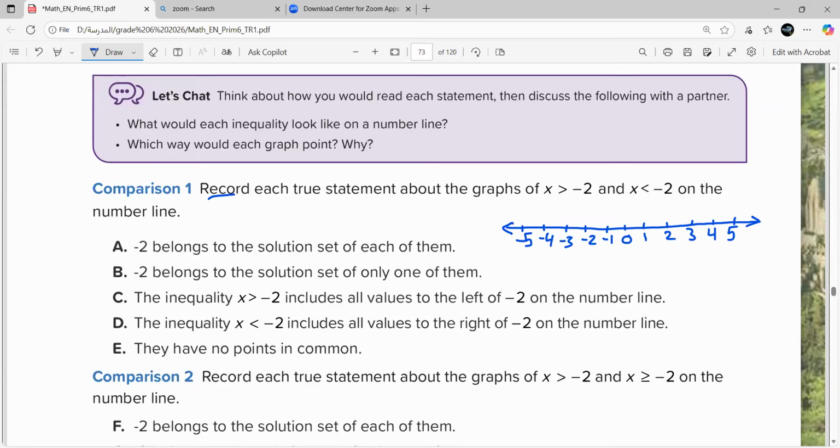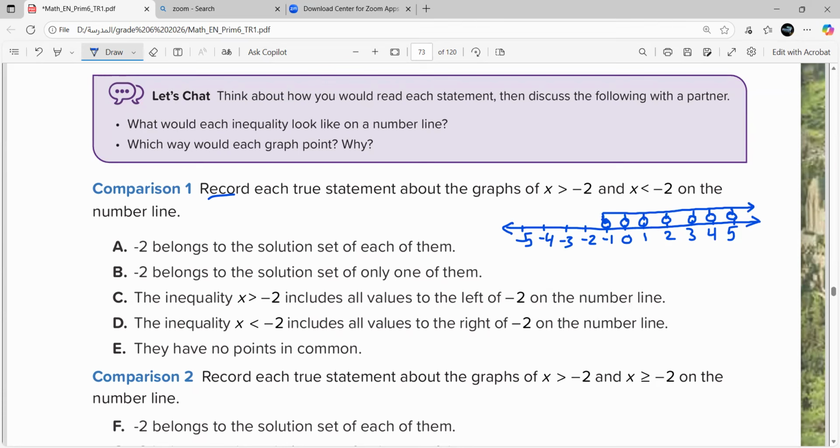What does this mean? Greater than -2, so it is to the right of -2. So it will start at -1, 0, 1, 2, 3, 4, 5, and so on, and connect them with a line and an arrowhead to the right side.